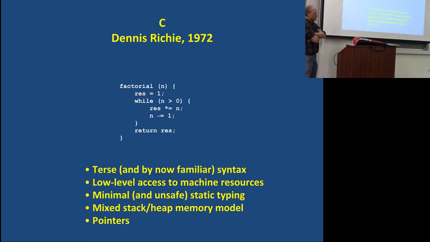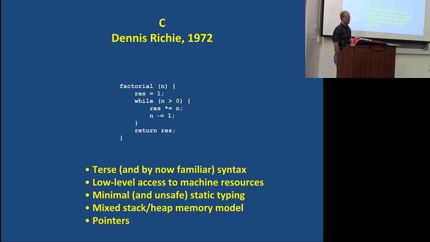In 1972, Dennis Ritchie at AT&T Labs invented C. So there's some original C up there. It had a very terse syntax, which is pretty much familiar nowadays. It gave you low-level access to machine resources, so it's a low-level programming language.